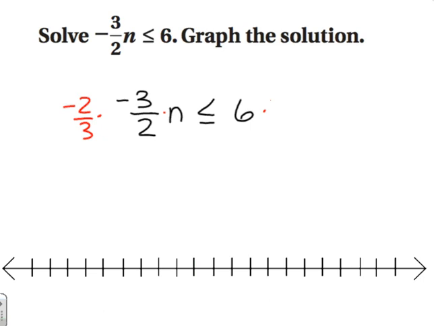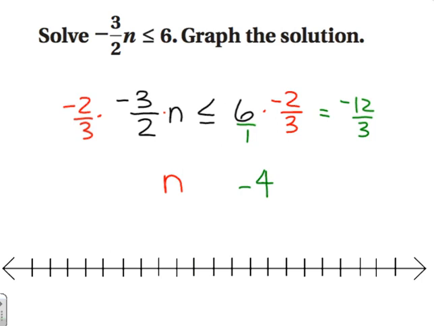And I'm going to multiply by negative 2/3 on both sides. So on the left-hand side, this would become 6 over 6, which is just 1. So I get 1n. And then on the right-hand side, I'm going to get negative 12/3, which is the same as negative 4.